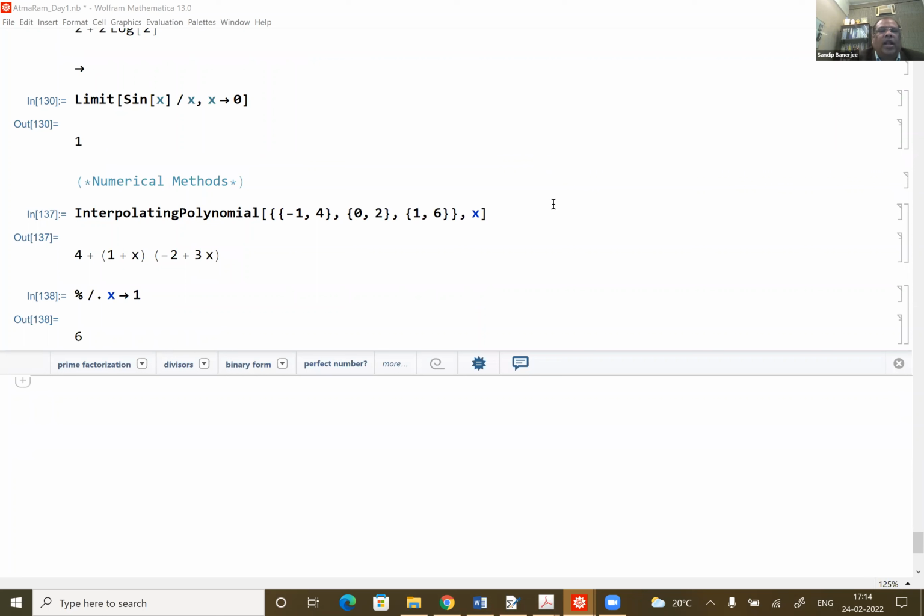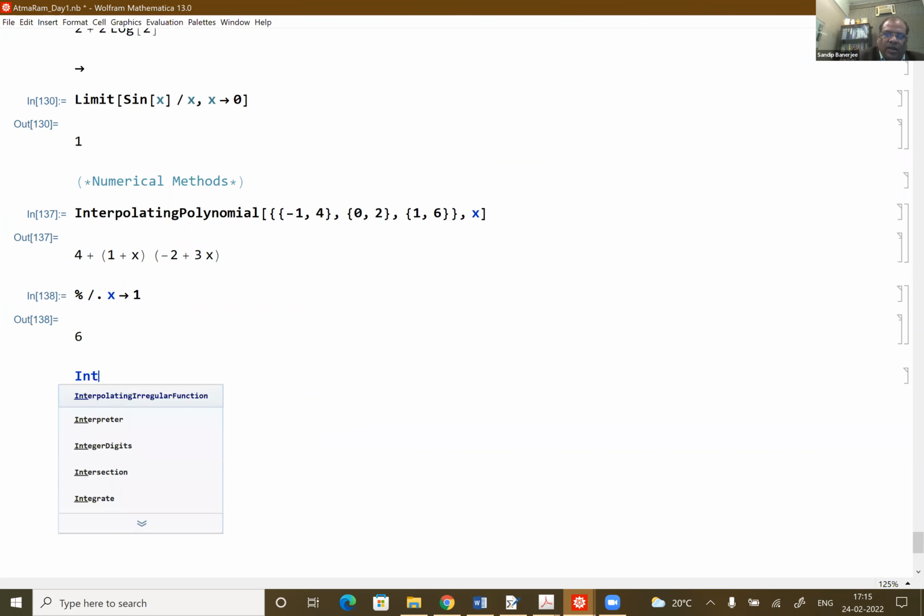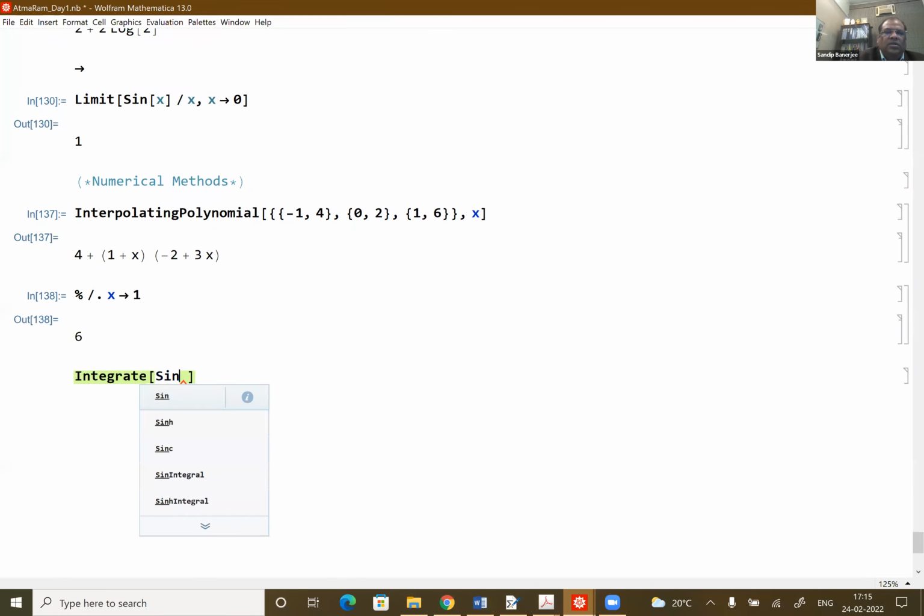Then say this integration, I found something which I will show. Say integrate. Okay, let's take sine x squared, something complicated, and x from 0 to 1.